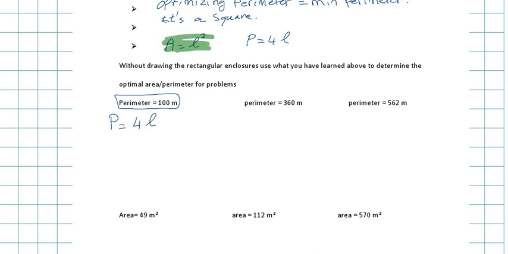So, I know that the perimeter is 100, so I can replace the P with 100. And it's 25. I need to solve for L. So I know that my side length is 25.